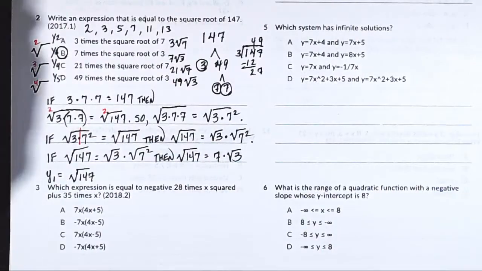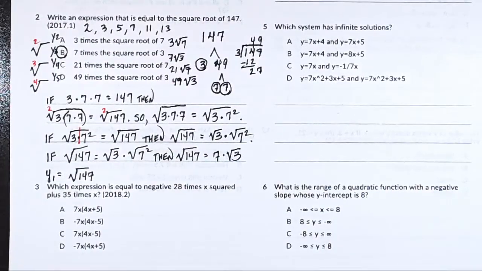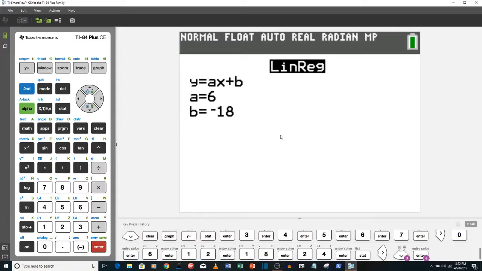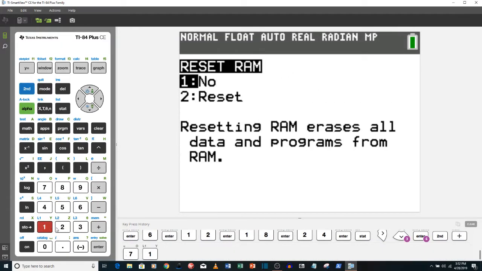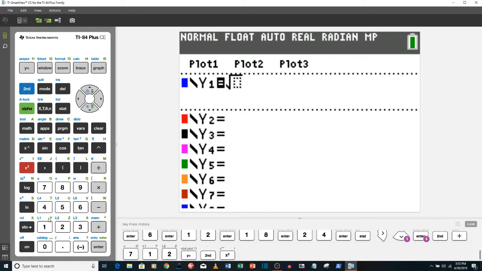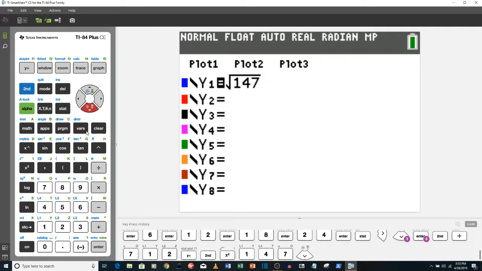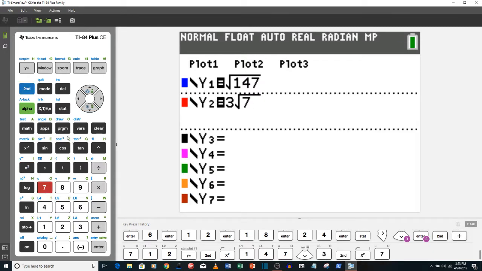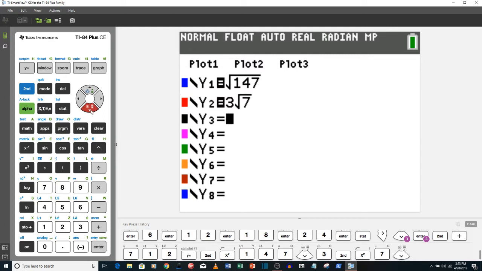Let me plug those into our calculator and see the solution. Let me clear the memory. Second plus 7, 1, 2. And go to y equals and put that first thing in, which would be the square root of 147. Go to y2 and start trying a, which is 3 times the square root of 7, down arrow.